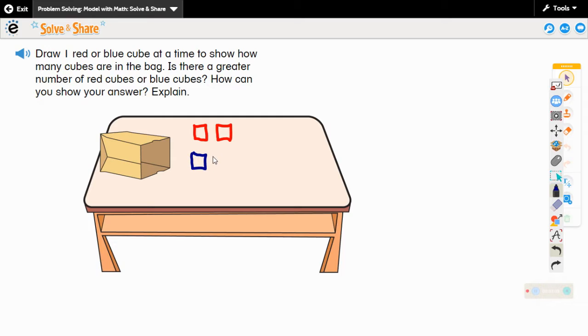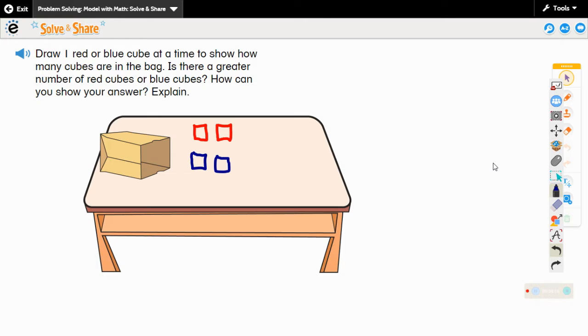Okay, let's draw another blue square. Which has the greater number now? Are there more red squares or are there more blue squares? Do you think I'm trying to trick you by asking that? How many red squares do we have? We have two.